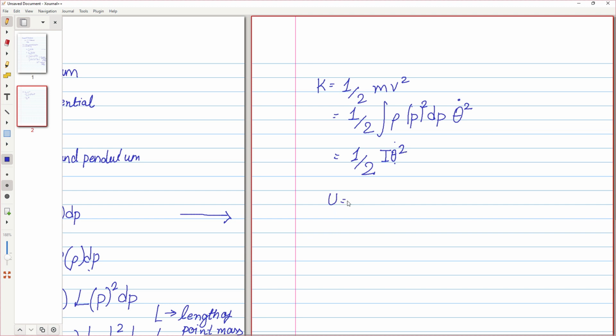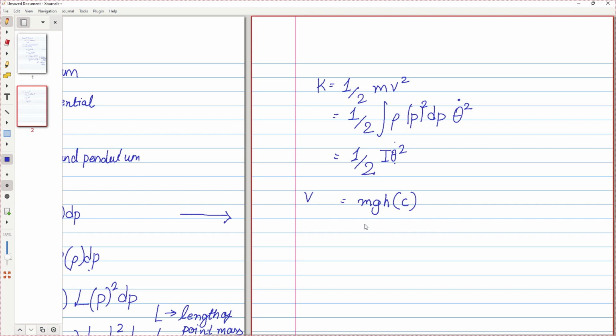Also we need to find the potential energy, which is U, or we can say V, which is m g h about the center of mass of the pendulum.